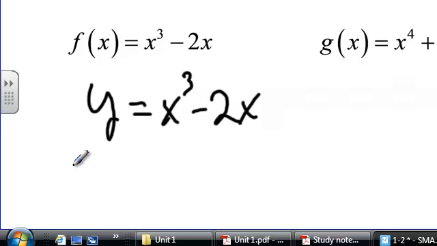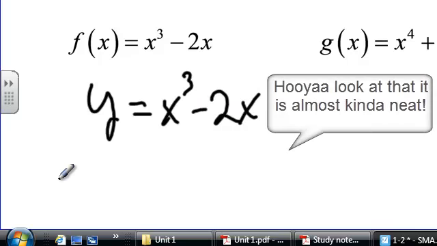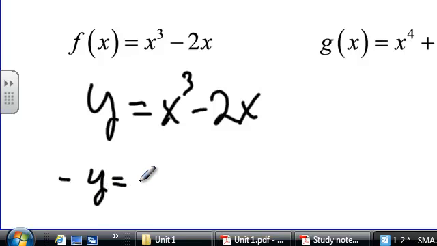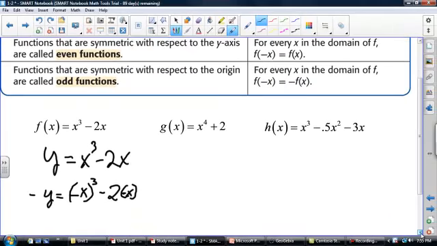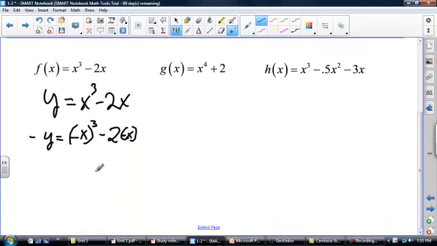Now, I let -y and -x be in there. So -y equals (-x) cubed minus 2 times (-x). Now, cleaning this up a little bit, I end up with -y equals -x cubed.